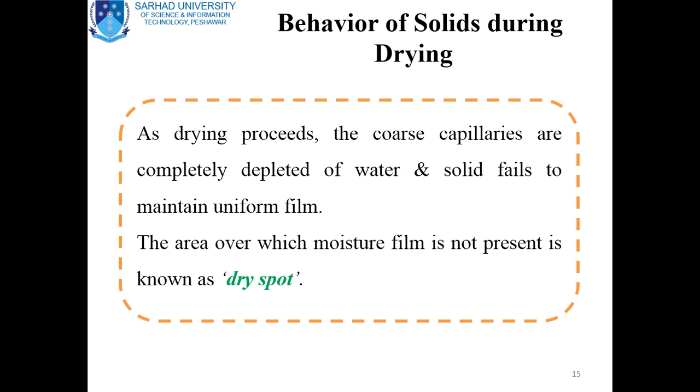The area over which the moisture film is not present, where the uniform film is lacking at this stage, is known as a dry spot.